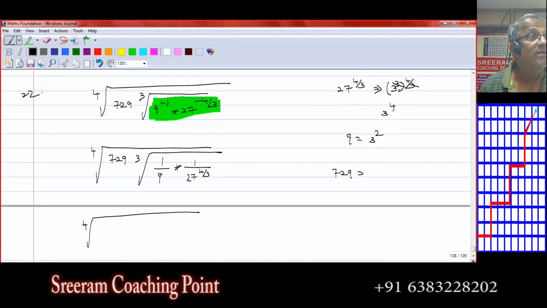What is that? 3 to the power 6 is equal to 3 to the power 6. So 3 to the power 6 into 1 divided by 3 to the power 2, into 1 divided by 3 to the power 4. This portion alone to the power 1 by 3. Correct?